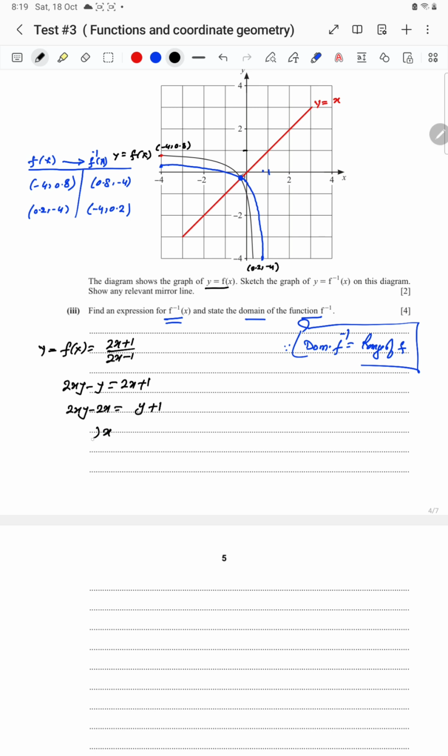X is common now: 2y minus 2 equal to y plus 1. X will be y plus 1 over, either you can write 2 common as 2y minus 1, or let it be 2y minus 2. It doesn't affect it. So here you can see, now you need to find the inverse, and that is the range of f.